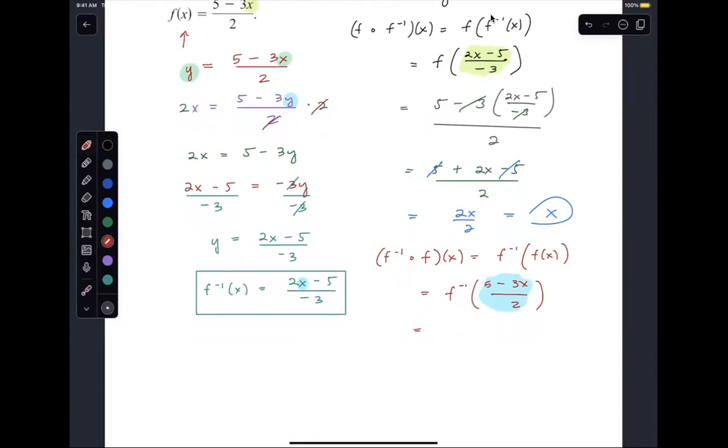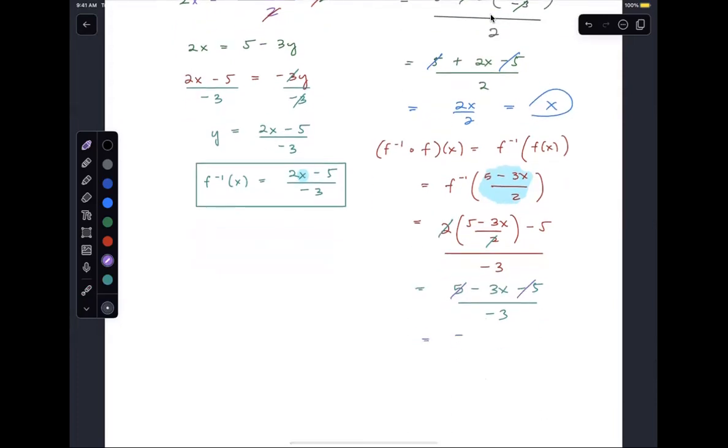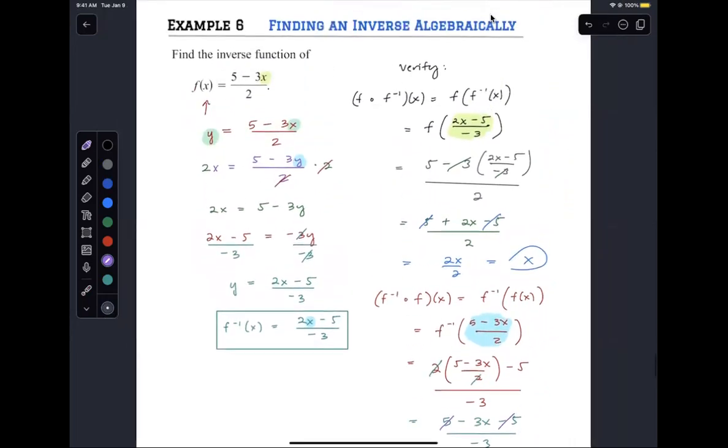So you're going to get 2 times the quantity 5 minus 3x over 2, minus 5, all over negative 3. These 2s will cancel. So you're left with 5 minus 3x minus 5 all over negative 3. 5 minus 5 cancels. So you just have negative 3x over negative 3, which is just x. So this is how you prove that they're inverses.